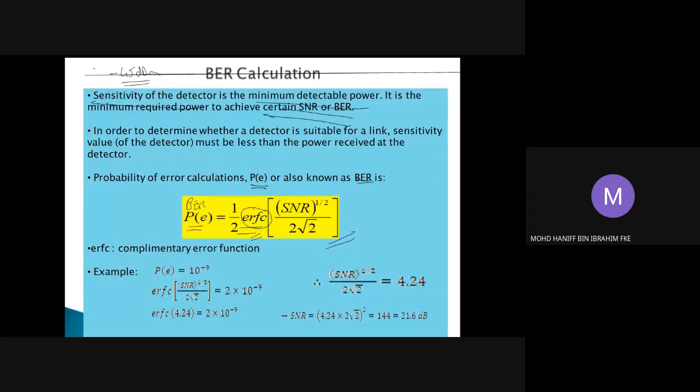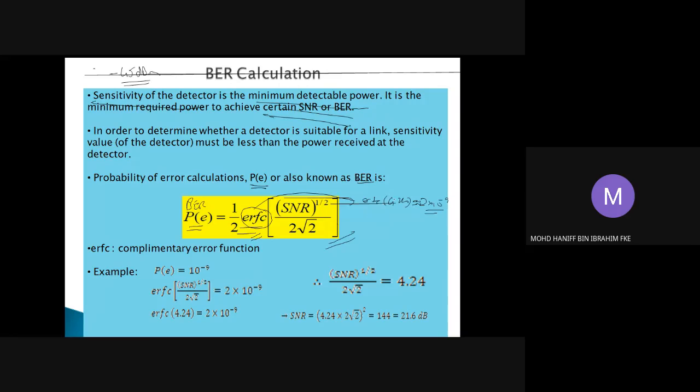Basically, you can find out the ERFC value from your computer, from Google. Let's say, for instance, we have ERFC equal to 4.24. The value for this will be almost equal to 2 times 10 to the power of negative 9, as given in the example down here.